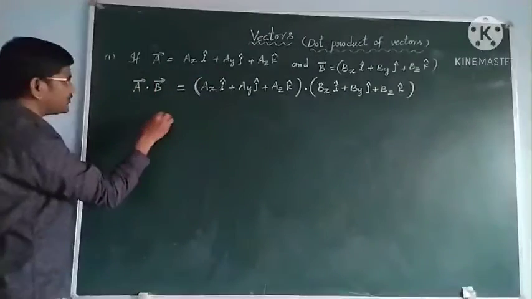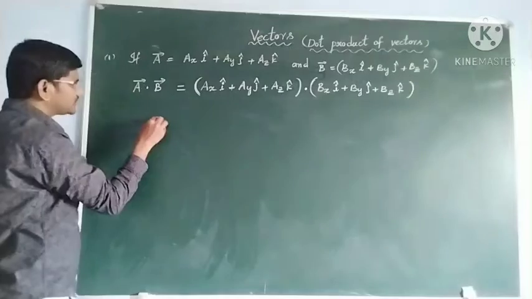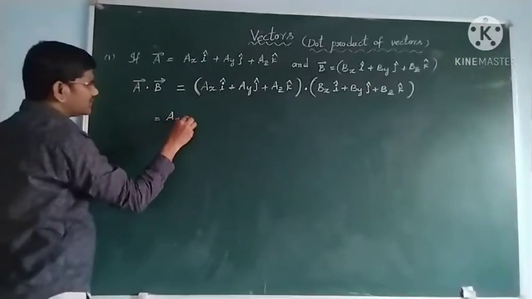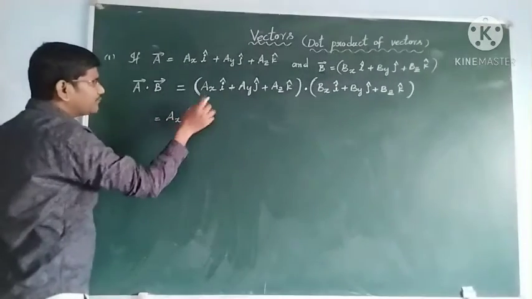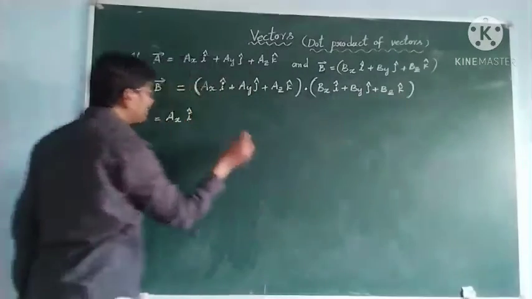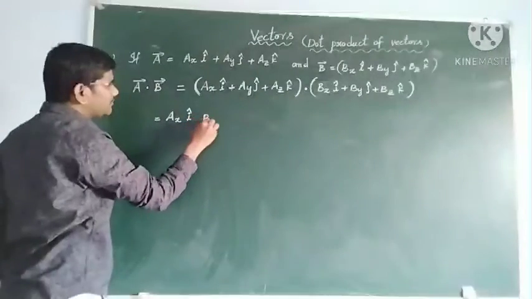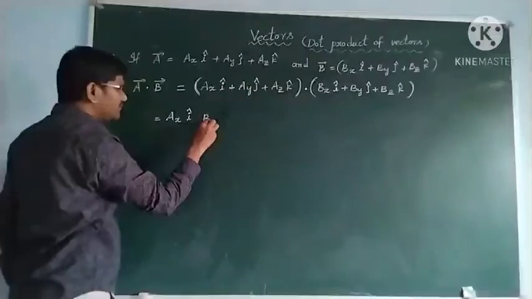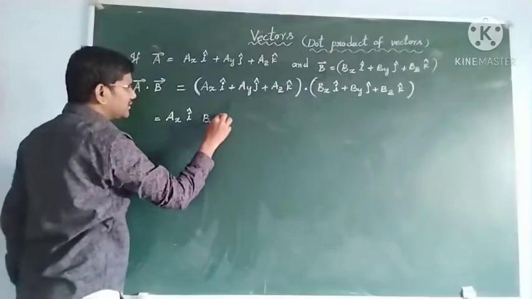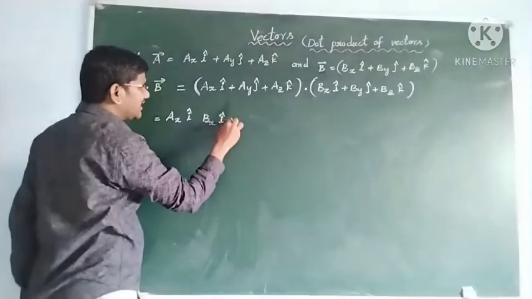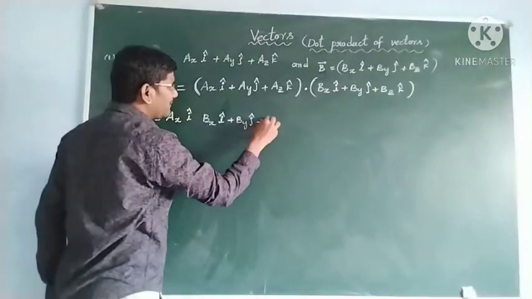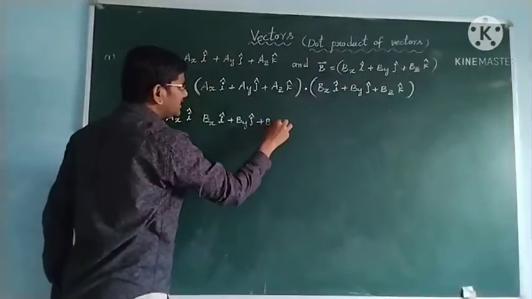Then what you will do is, you see, students, Ax into I cap, with this you are multiplying the entire term: Ax I cap into Bx into I cap plus By into J cap plus Bz into K cap.